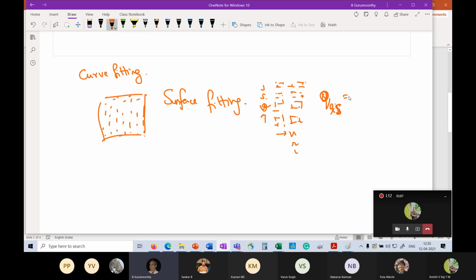So this is equal to the double summation of P_ij N_{j,k}(u) N_{j,l}(v). Since I can assign the u values and v values to the input points using the techniques along the curve and the two directions, I can solve this equation. So it's an extension of the curve fitting problem.